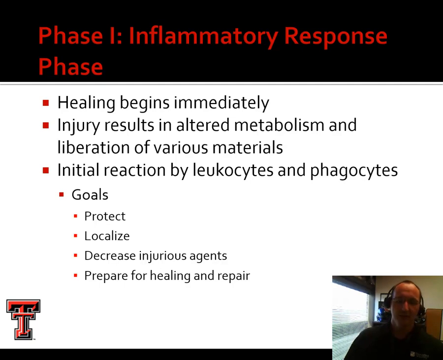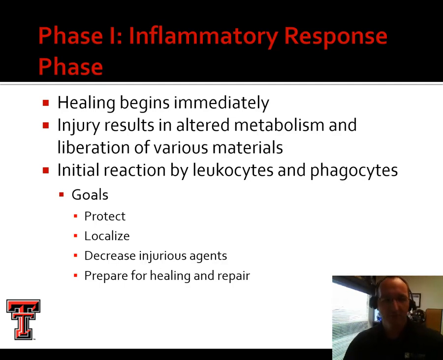Okay, so we end up with metabolic changes, and we get various materials, waste products of injured cells that have to be cleared from the area in order for healing to occur. Now, you can think about an injury much like a construction site. So in order to build a new building in an old area of town, you've got an urban renewal project, something like that, first we got to tear down things that aren't useful anymore.